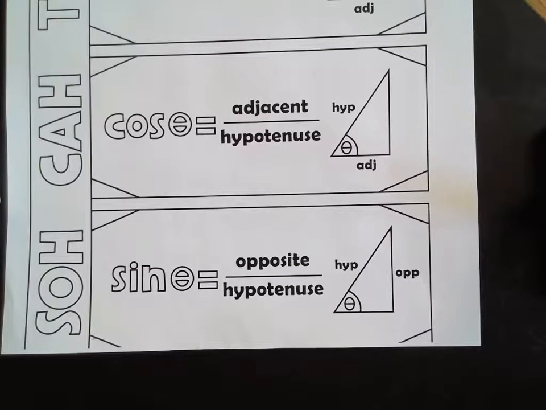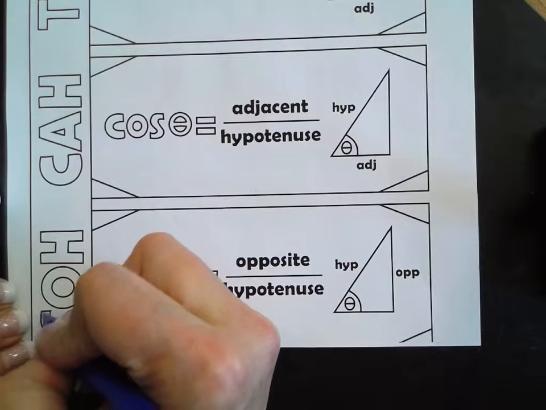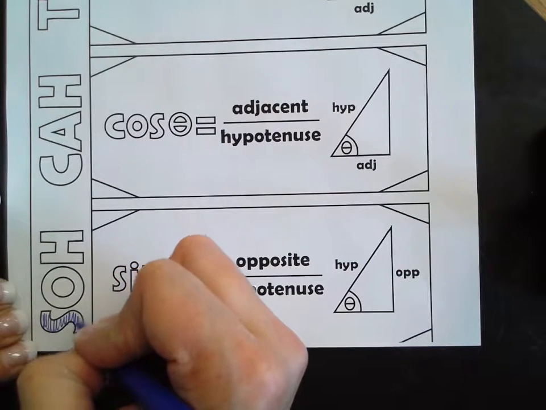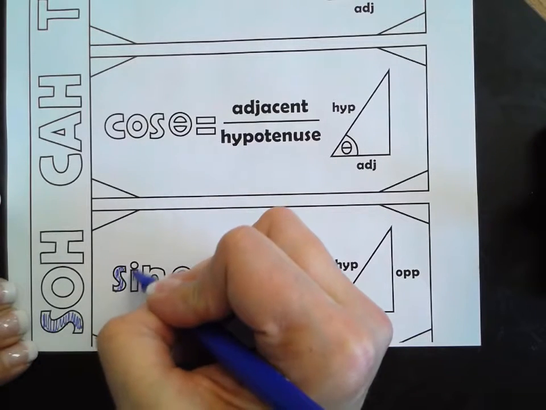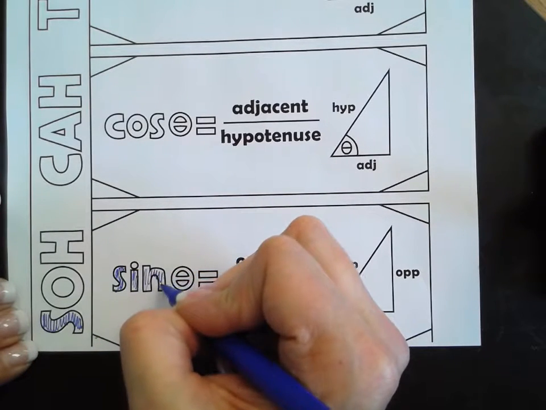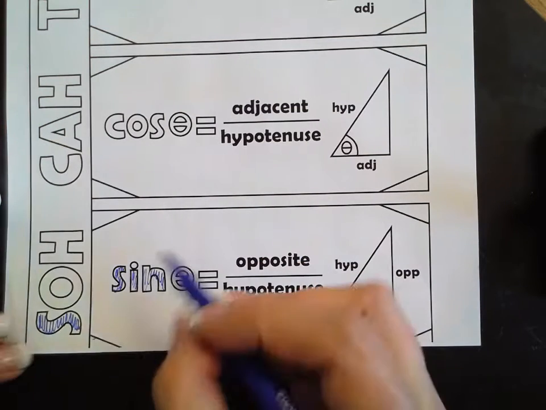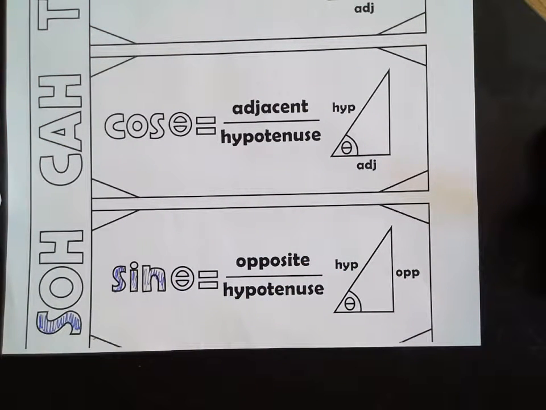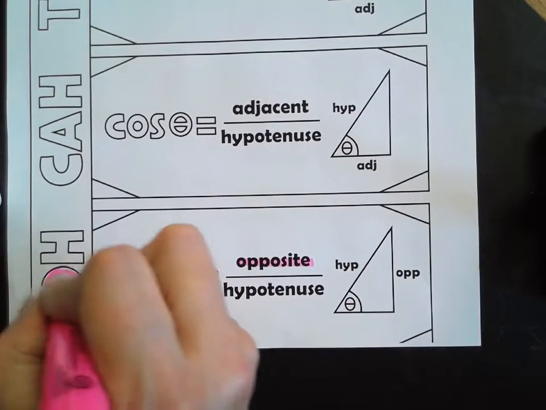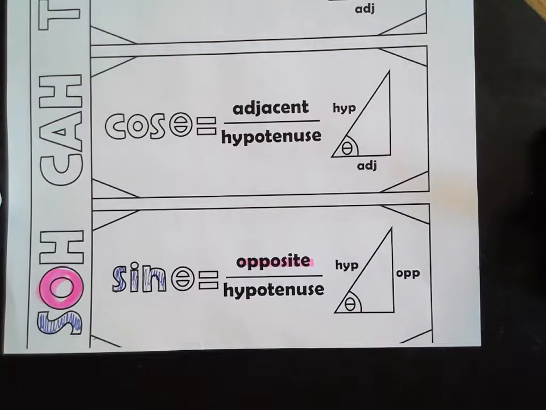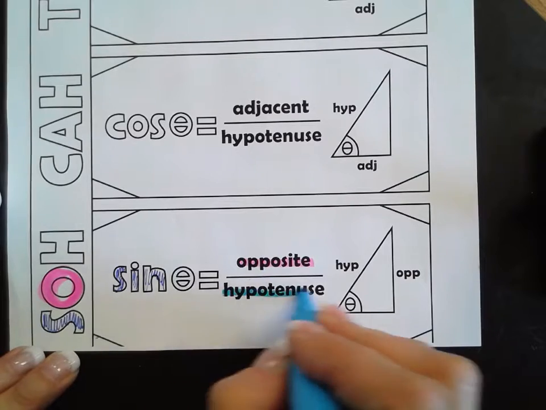Where we get SohCahToa is because your S stands for what? The sine. Absolutely. And then what's the O stand for? Opposite, your opposite side. And then the H stands for your hypotenuse, right?